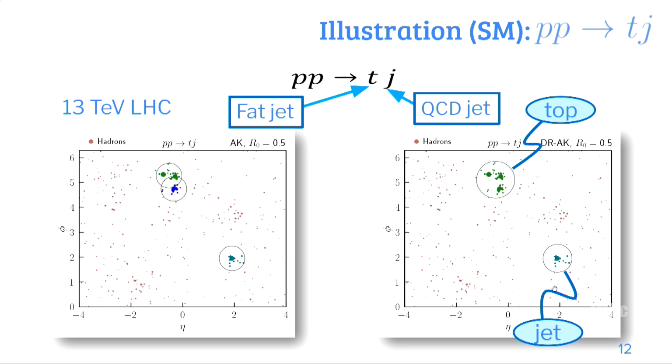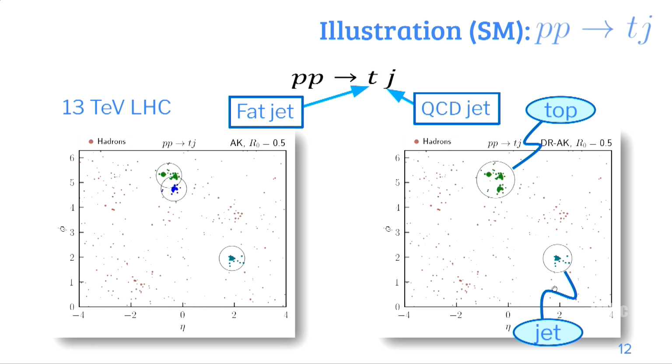Okay. Both represent exactly the same event, but one is clustered with standard anti-kT with 0.5 radius, whereas the right side has been clustered with dynamic radius anti-kT, where the starting radius R naught is 0.5.